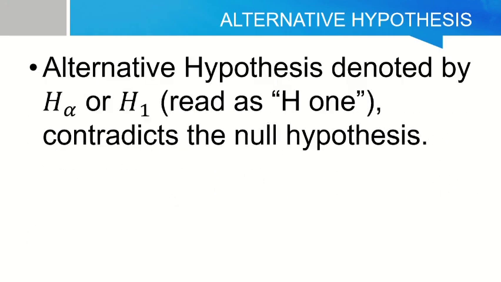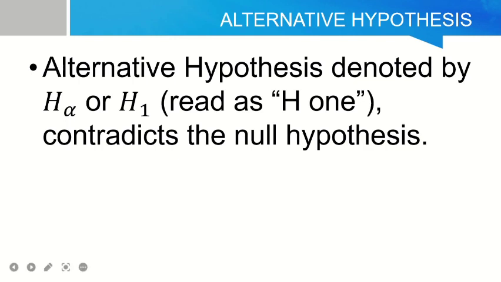Next, we have alternative hypothesis. Alternative hypothesis denoted by Ha or H1 that contradicts the null hypothesis. In null hypothesis, we already said that there is no significant relationship between the phenomena that you're comparing.